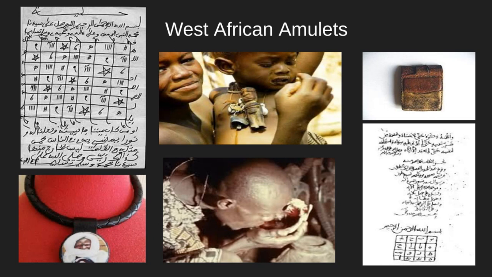Now, this is a very, very ancient way of thinking about literacy, one that dates back to the time of the ancient Egyptians, but it's also one that is very much a part of the contemporary life of West African people today.